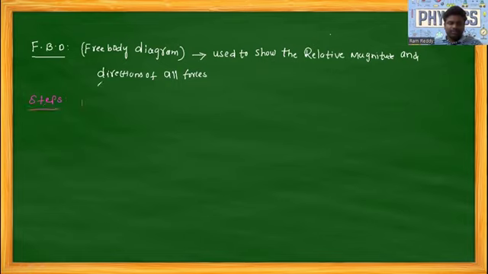The first step is to decide the system, and all parts of the system should move with the same acceleration.